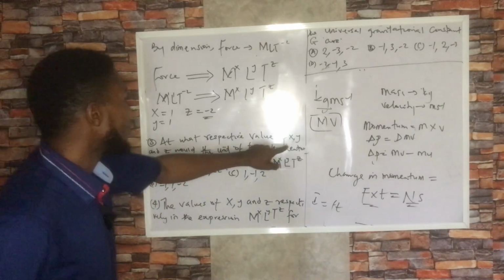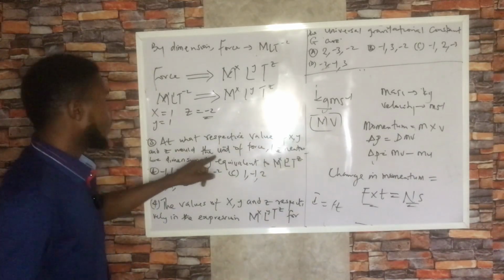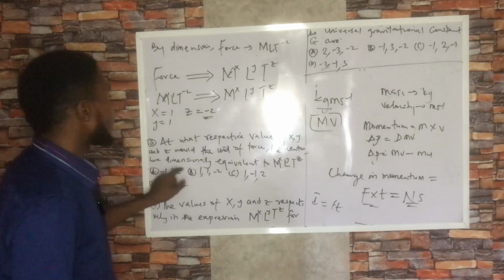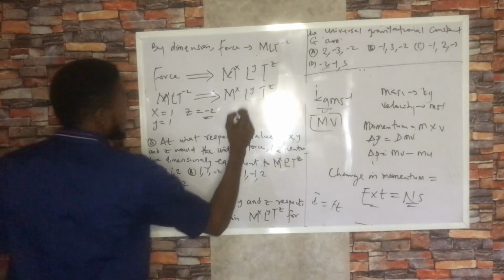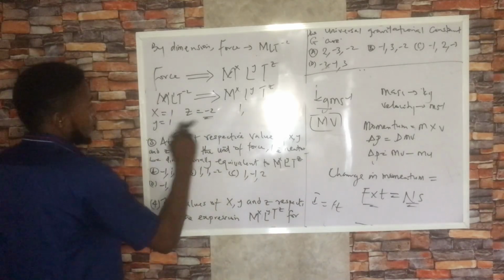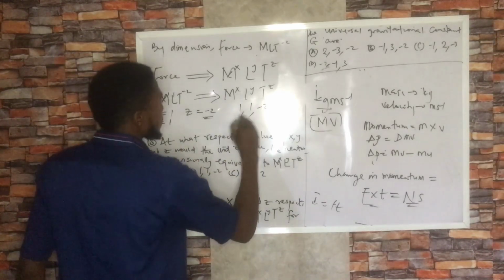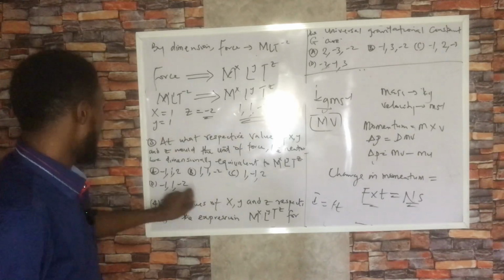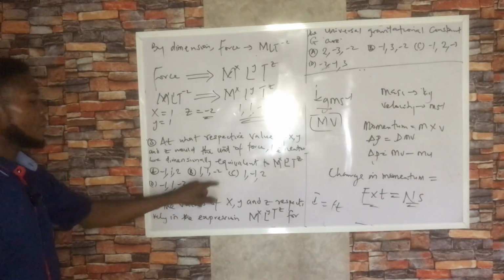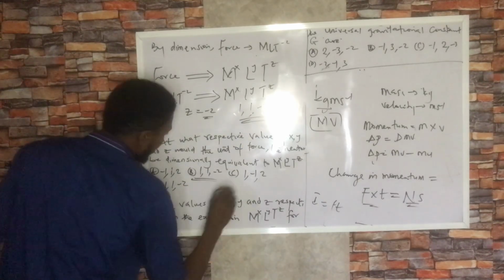At what respective values of x, y, and z would the unit of force, the Newton, be dimensionally equivalent to this? We have 1, 1, minus 2. So option B is correct.